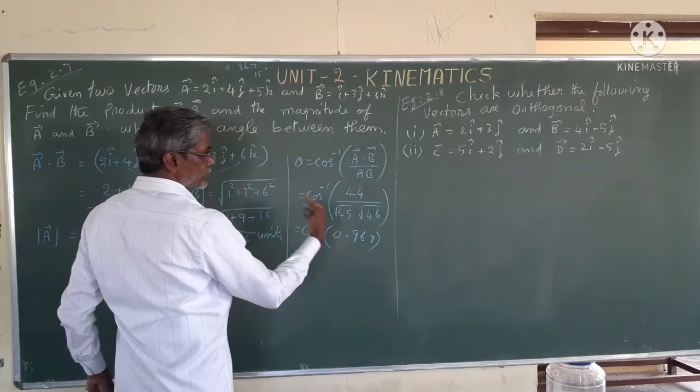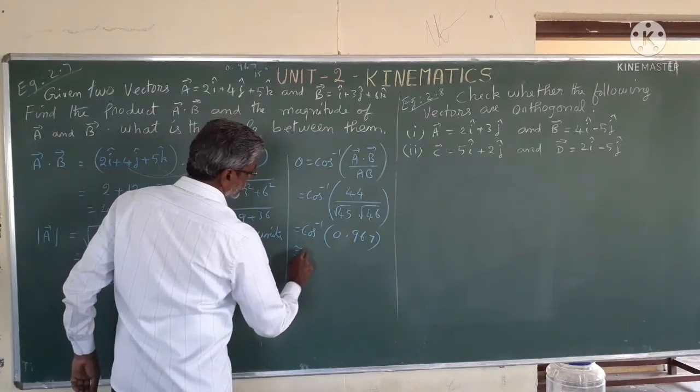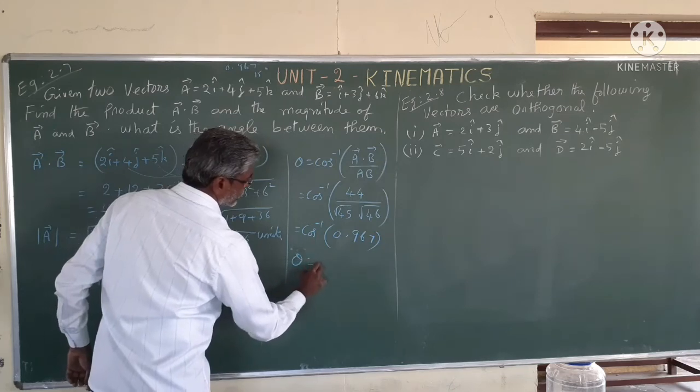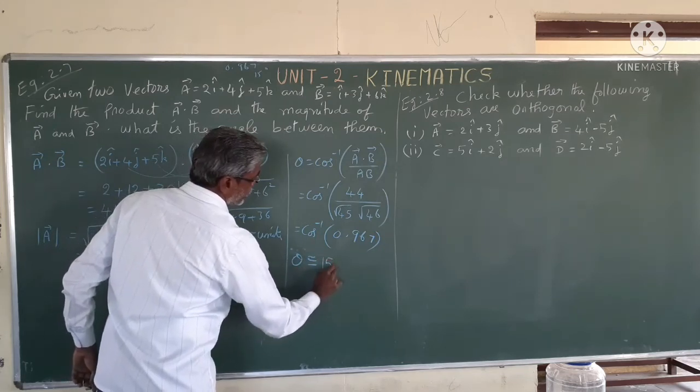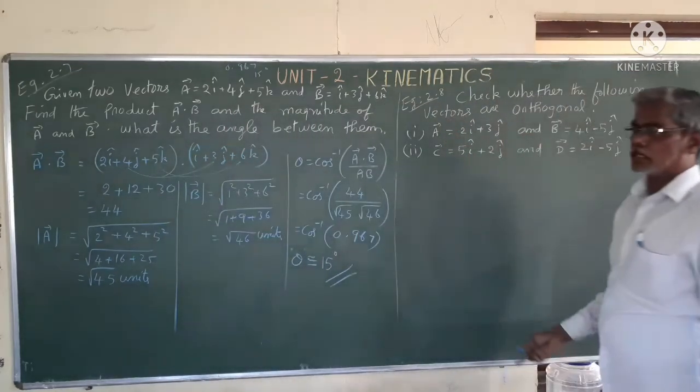In the back of the textbook, in natural cos, we will get the value as theta equal to 15 degrees. Okay. Next we will go to another example.